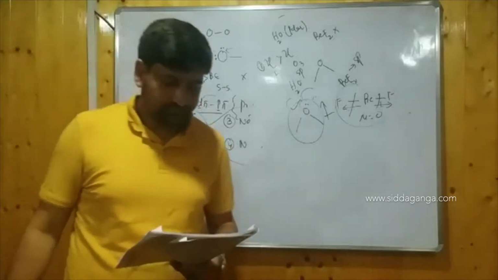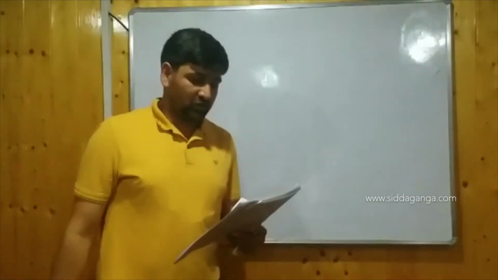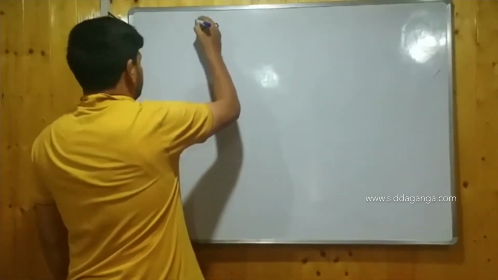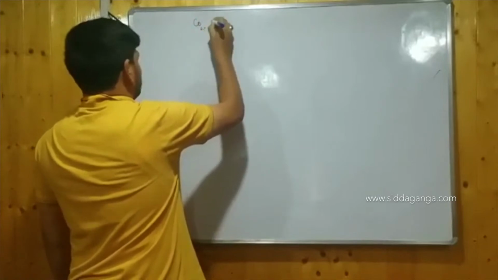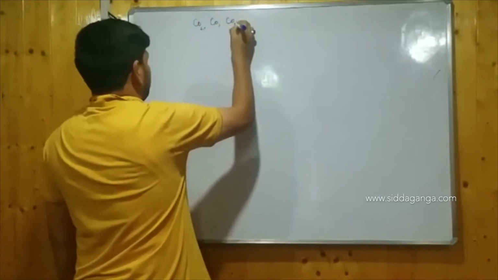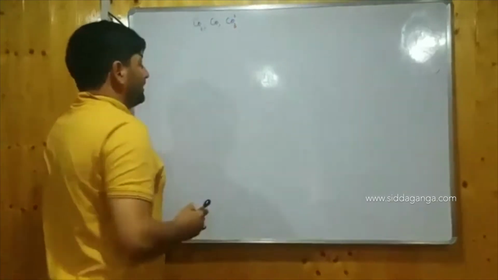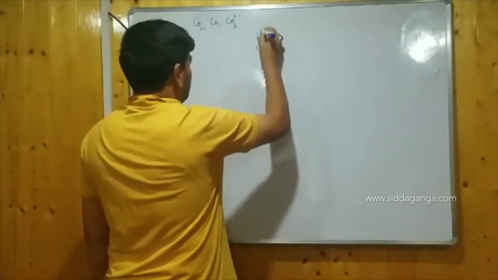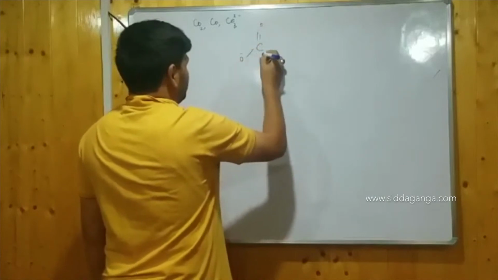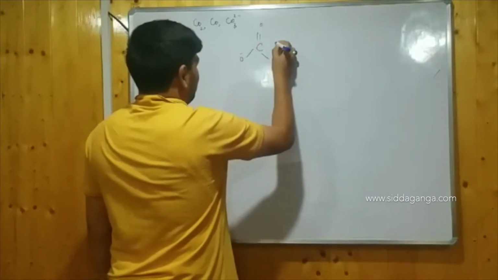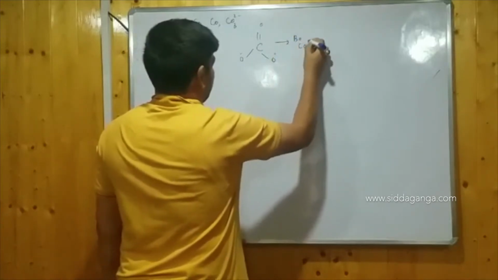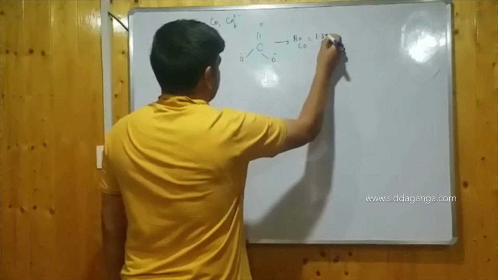Question is the correct order of CO bond order among CO, CO3 2 minus and CO2. So the question was with respect to CO2, CO and CO3 2 minus. I reached the conclusion in that discussion that C double bond O, single bond O minus and O minus will have bond order between CO as 1.33.